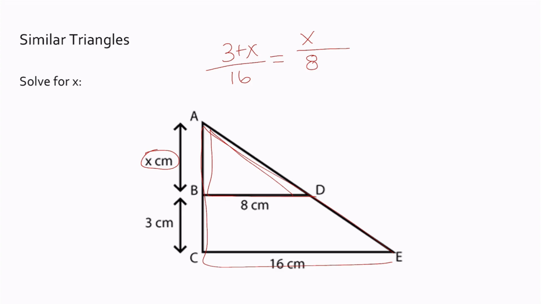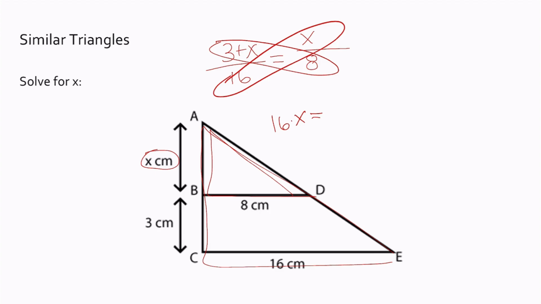Well, now I'm cross multiplying here. And this part's going to get a little bit weirder. So I have 16 times x. That's where we've been this whole time, right? But then I have 8 times 3 plus x.